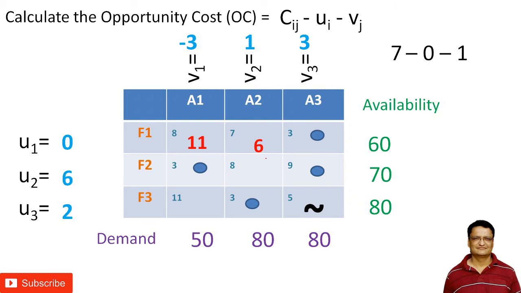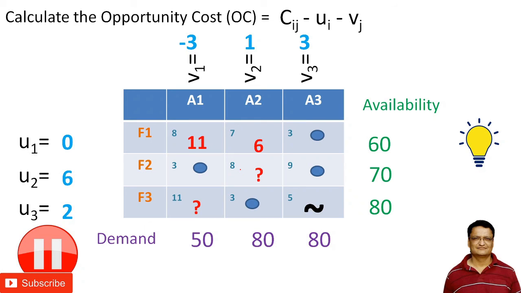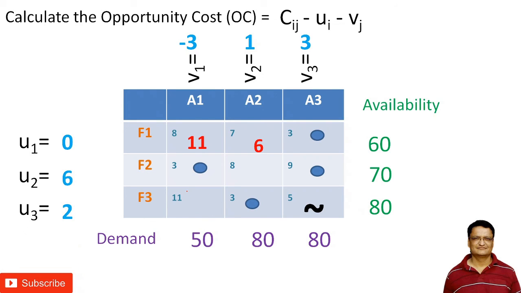Now let us calculate the opportunity cost for the next cell. Before I calculate all these values, can you calculate the opportunity cost values for the remaining blank cells? Pause the video and try to find out the answers. I hope that you must have got some answer. I will help you in getting the remaining answers.